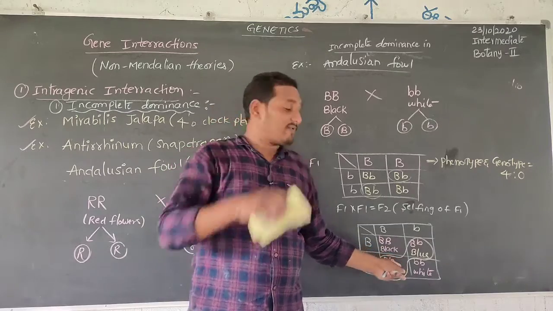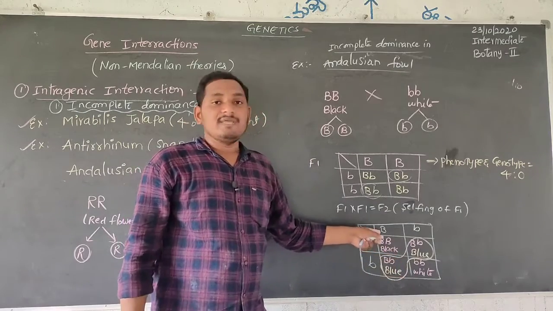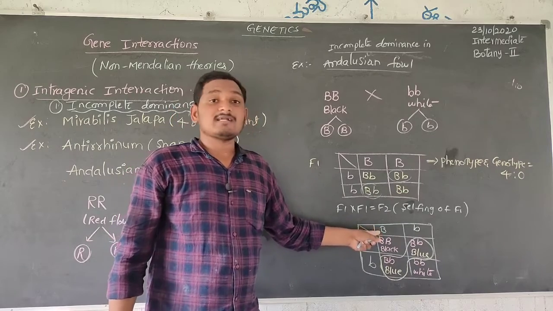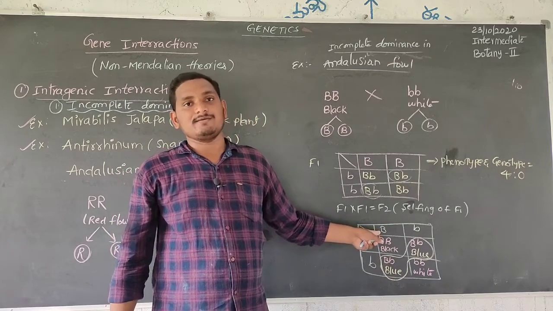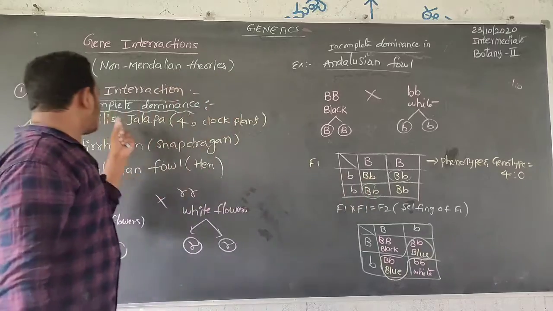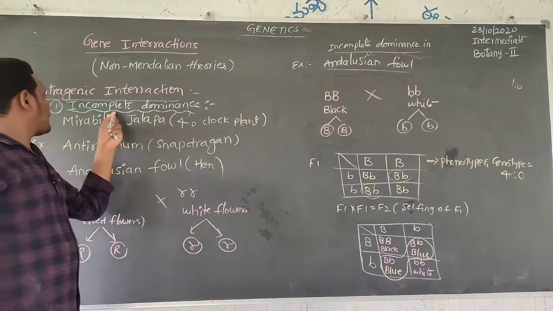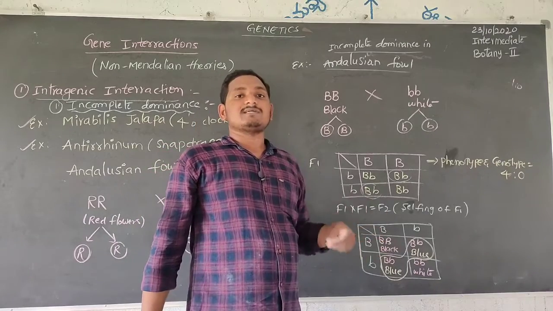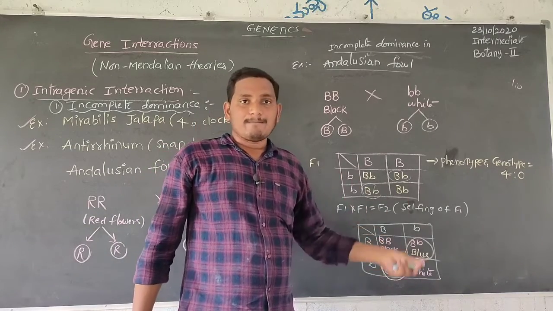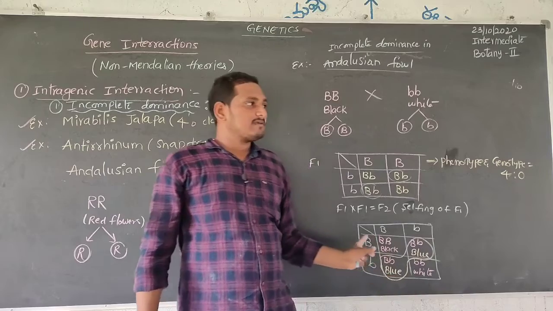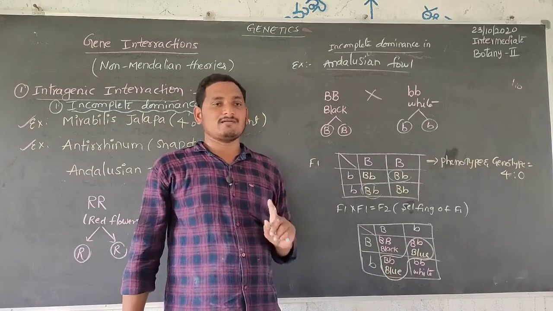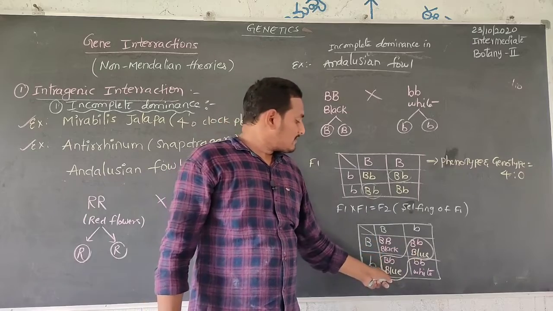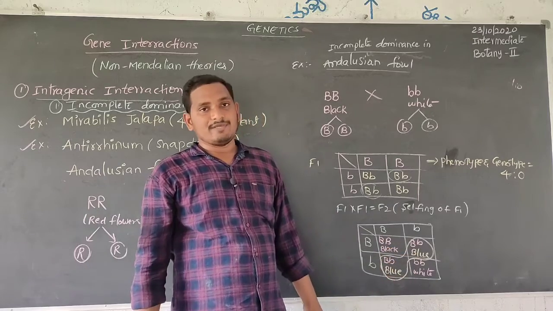Why like that? Because this B gene, or dominant gene, does not express its character completely. That is incomplete dominance. The B gene does not express its character completely, it is incompletely expressed. That's why, with that mixing together, blue color hens will appear.